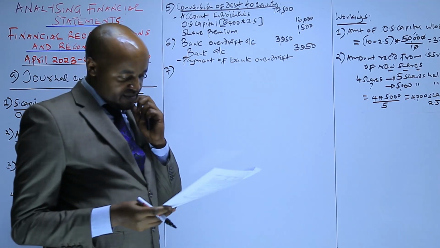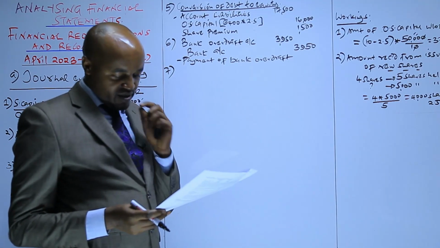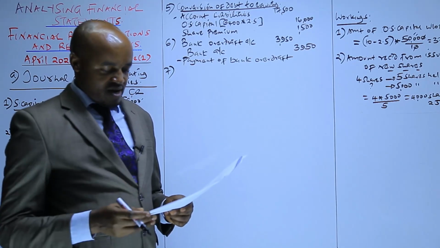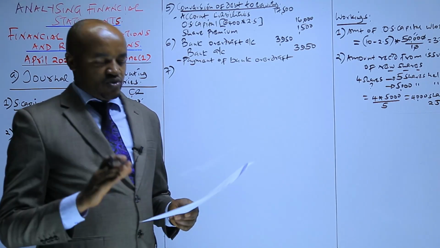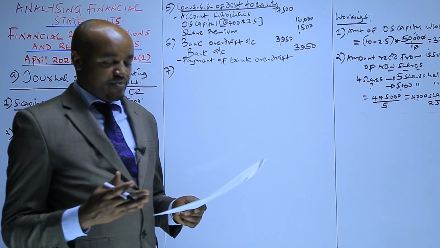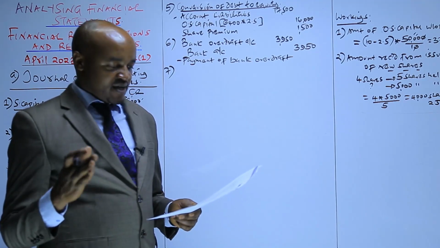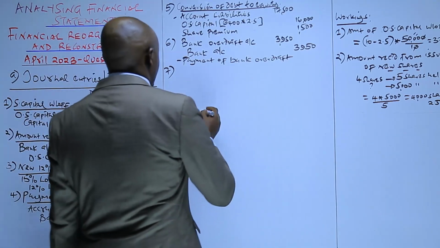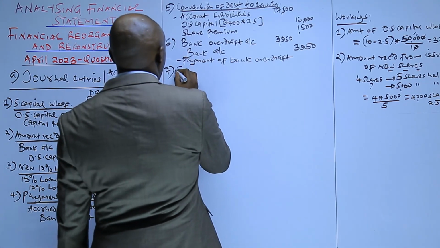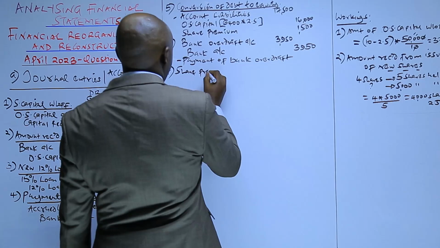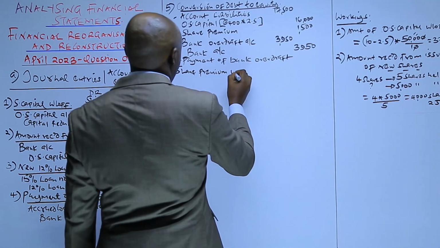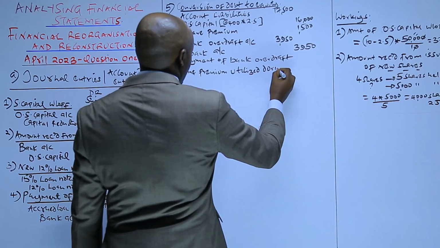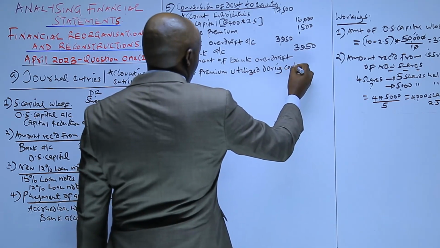We are told the share premium is to be utilized for the purpose of capital reduction. So once the share premium is utilized during the capital reduction, what you do is cross off the share premium. The share premium has a credit balance. To cross it off, you do what? You debit that account, and then you credit the capital reduction account. So what we are accounting for here is the share premium utilized during capital reduction.